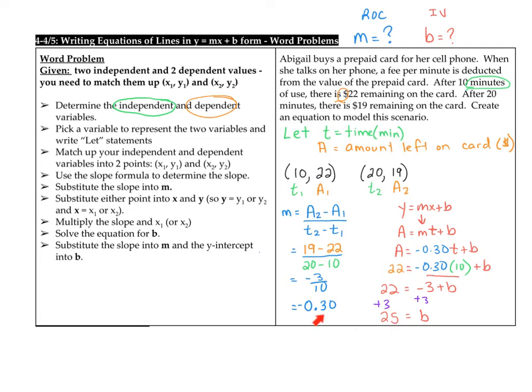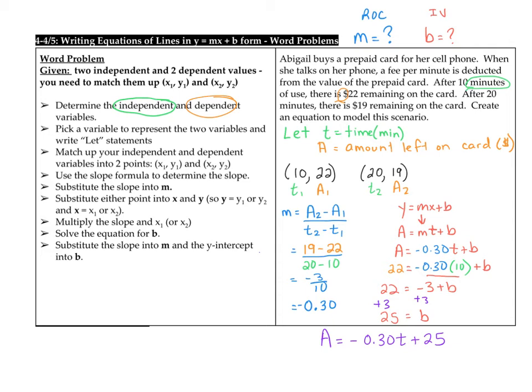Your rate of change is negative 30 cents, and your initial value is 25. So that means your equation is going to be A equals negative 0.30t plus 25. So we are starting with $25, and for each minute, the amount on the card is decreasing by 30 cents.